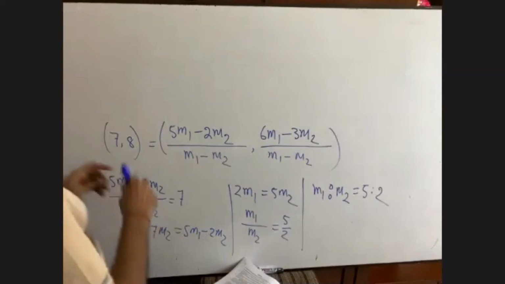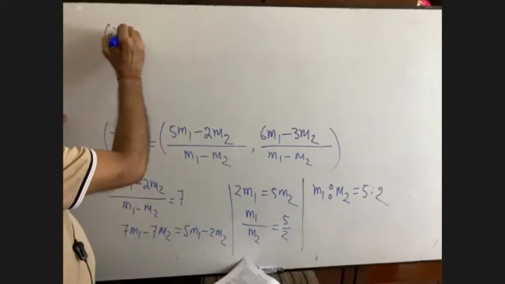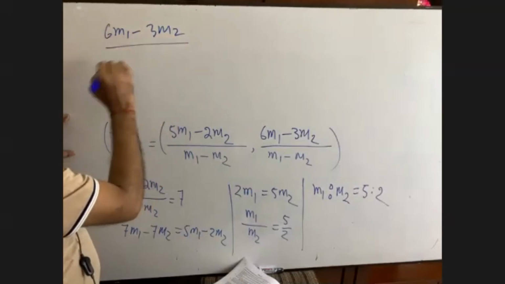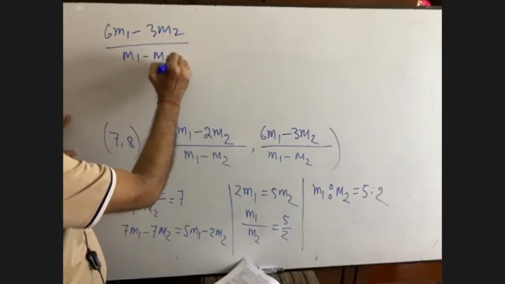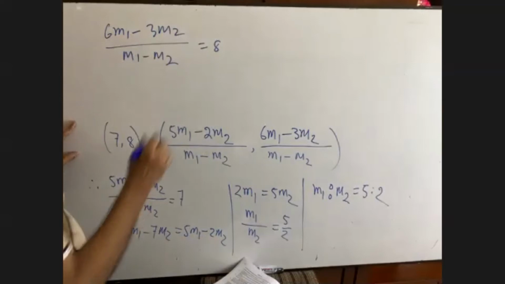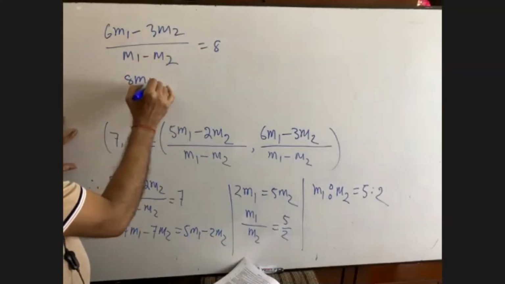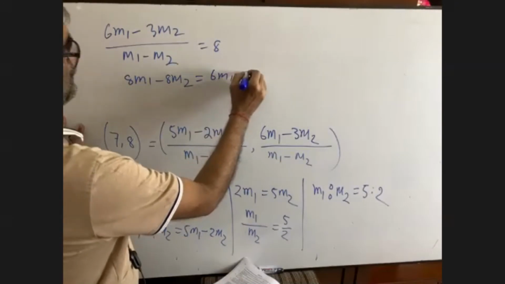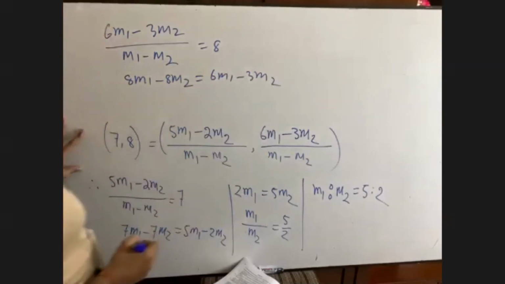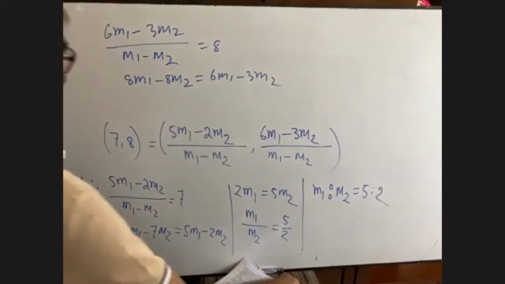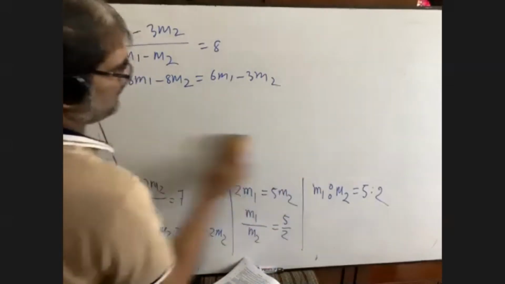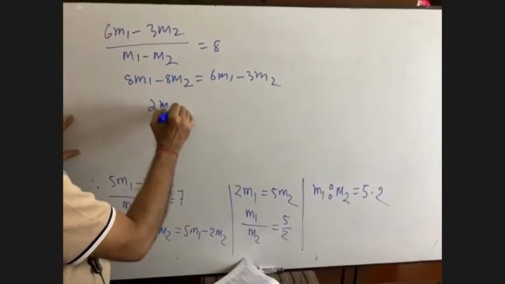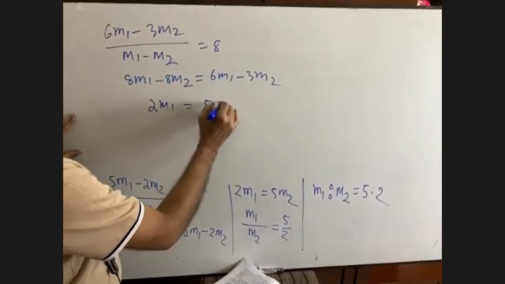So we are getting 6 M1 minus 3 M2 by M1 minus M2 equals to 8. From here we can write 8 M1, 8 M2, 6 M1, 3 M2. From here we get 8 minus 6, 2 M1, equals 5 M2.